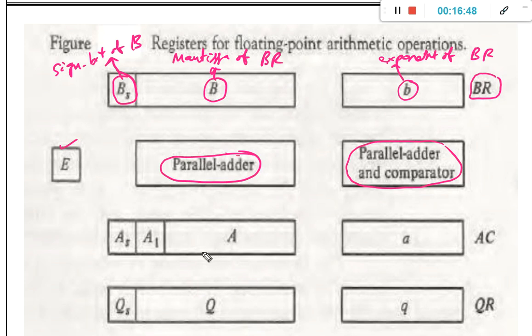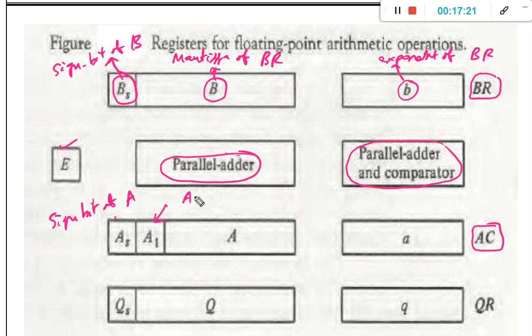As far as the AC register is concerned, AS will represent the sign bit of the A register, and the most significant bit of the A register has a special significance, because based on the value of A1, we need to determine whether the result has been normalized or not.